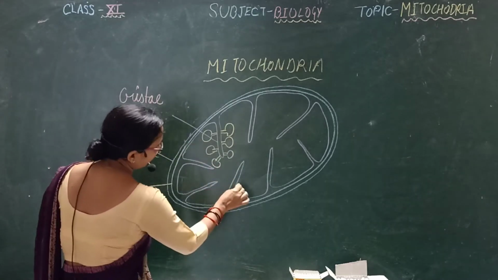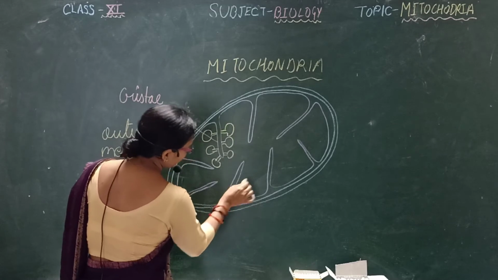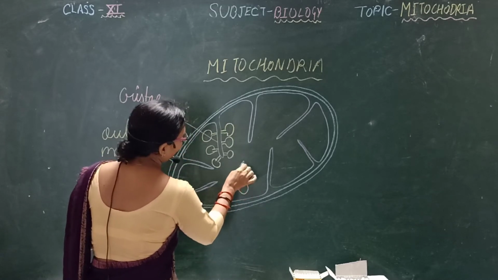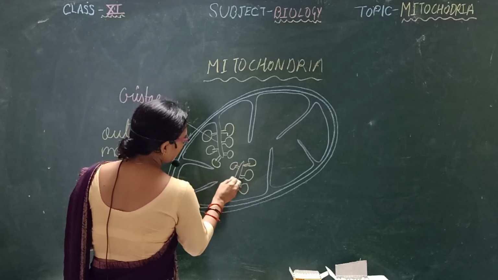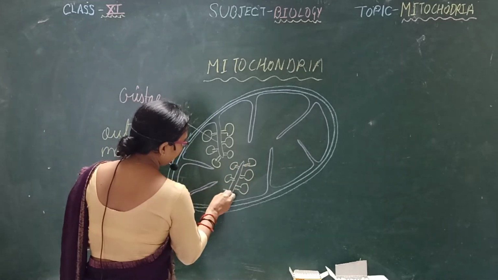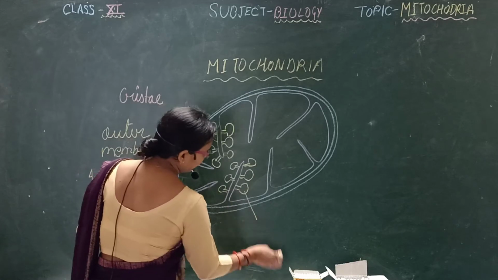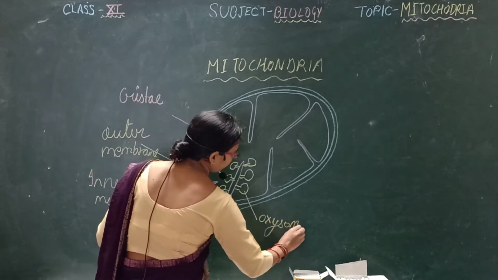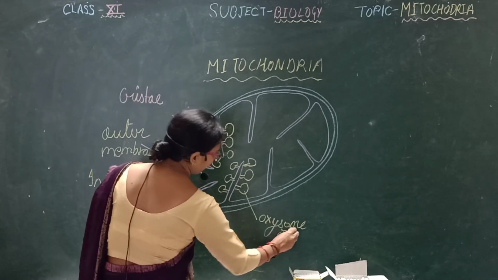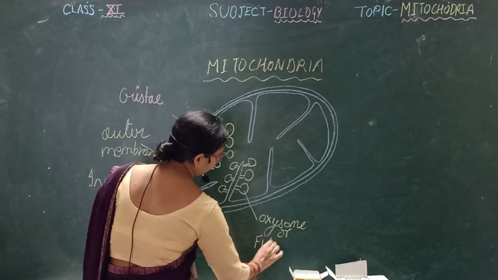Okay, so these are known as the oxysomes. These are very essential and important structures which are present on the surface of the cristae.